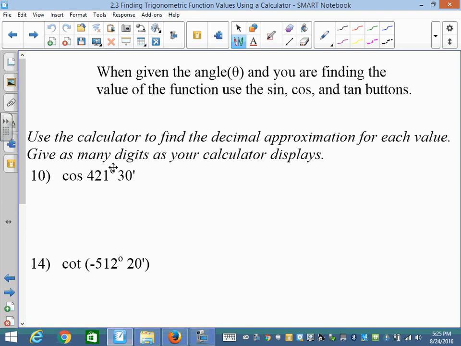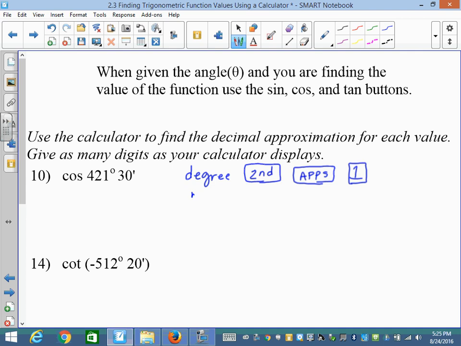But this is where I get to tell you where to find the degree and minute symbols. For degree, you're going to press second, and then it's the apps button, and your degree symbol is the very first one.